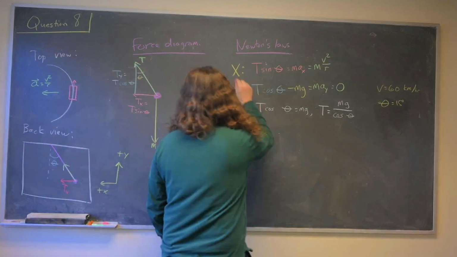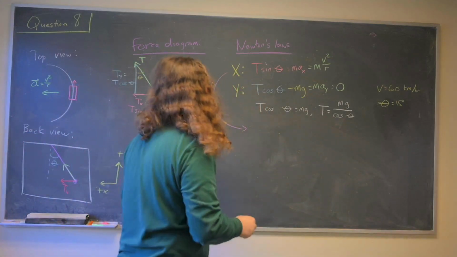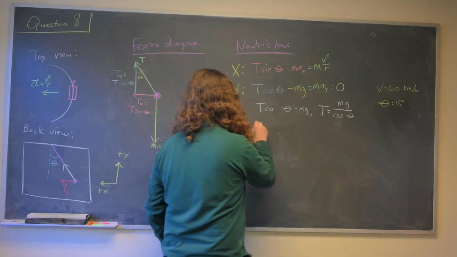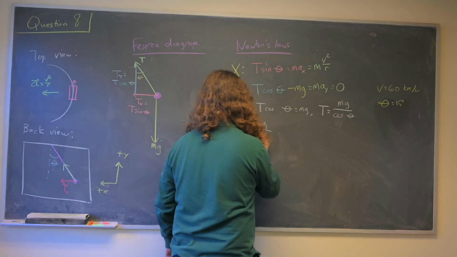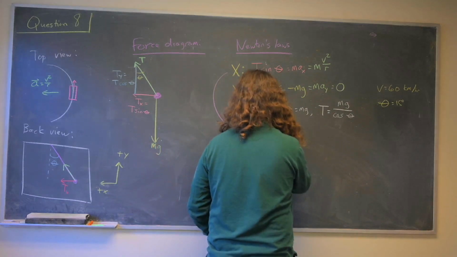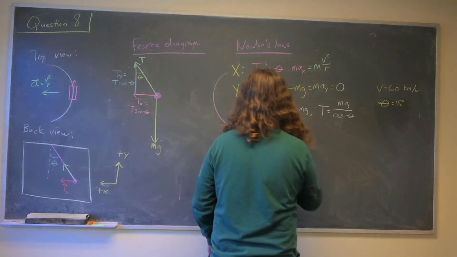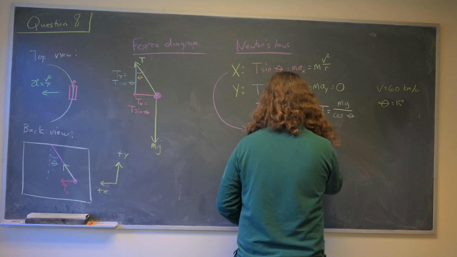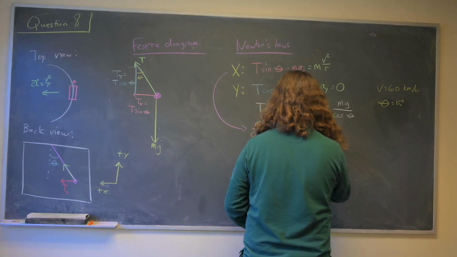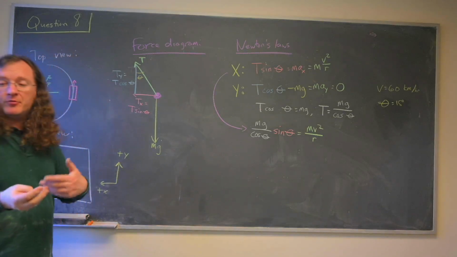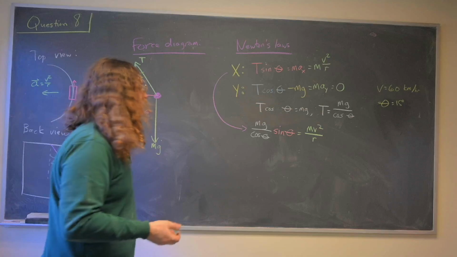Right. So now we take this equation, and we're going to substitute in for T. So I have mg over cosine theta times sine theta equals mv squared over r. Notice that I don't know the mass, but it doesn't matter. Often, if you don't know a mass, just leave it as m. It'll cancel.